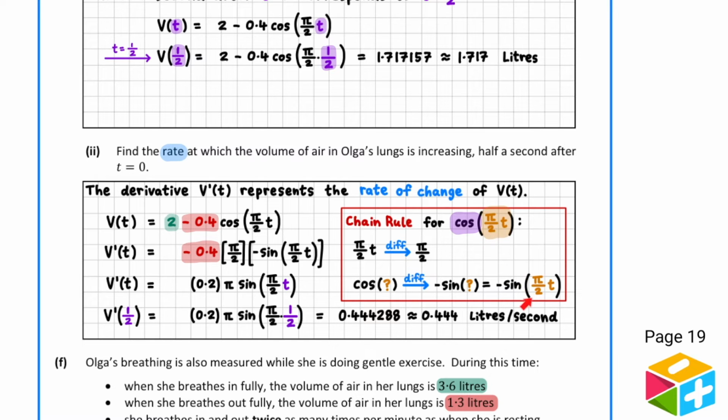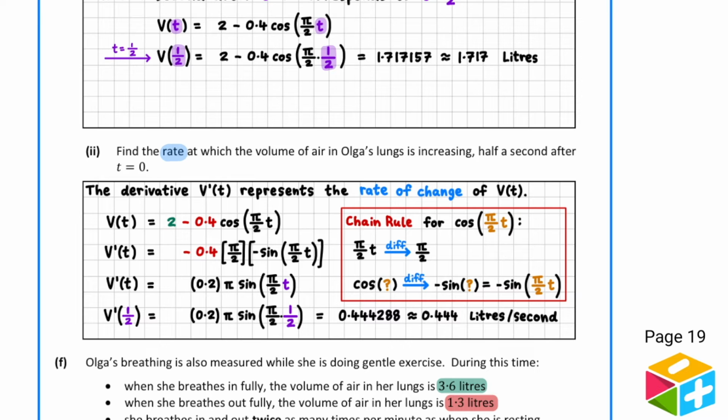So this comes out as minus sine of pi over 2t. Now that we've performed our two differentiations, we get our answer for the chain rule by multiplying together these two expressions. This means that the cosine pi over 2t will differentiate to pi over 2 times minus sine of pi over 2t.